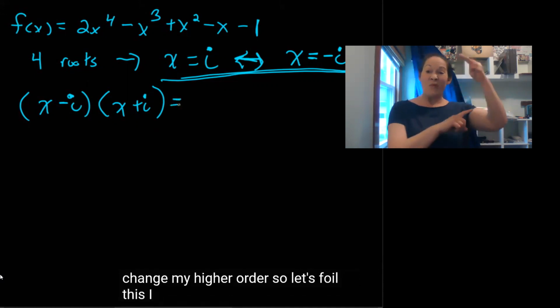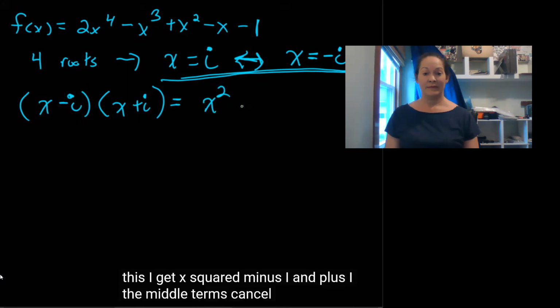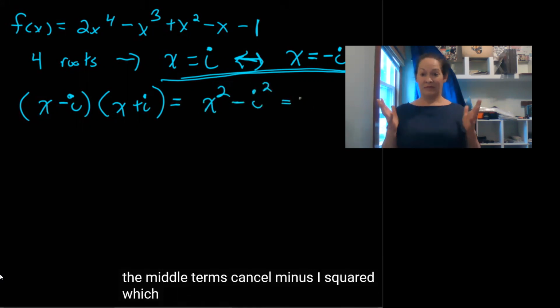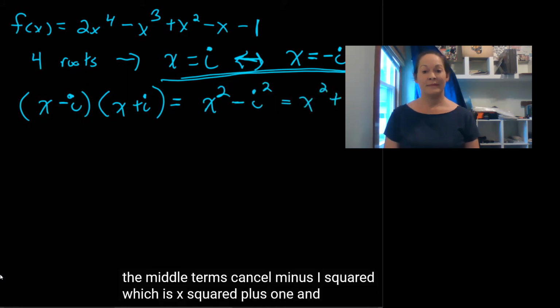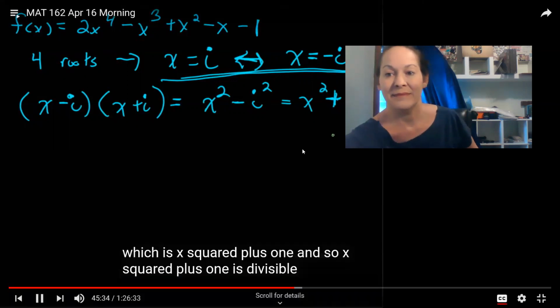So let's FOIL this. We get x squared minus i and plus i, the middle terms cancel. I get minus i squared, which is x squared plus 1. And so x squared plus 1 is divisible into this.